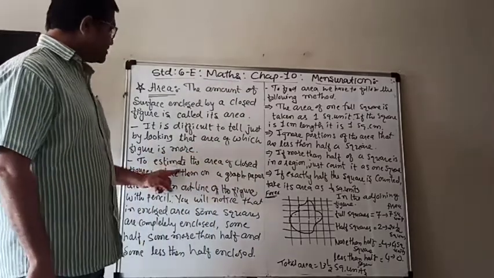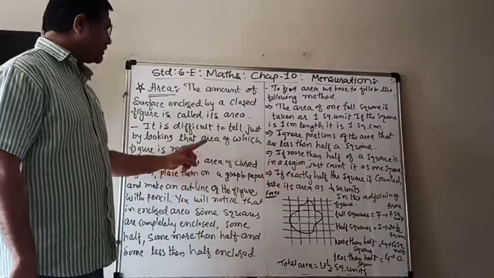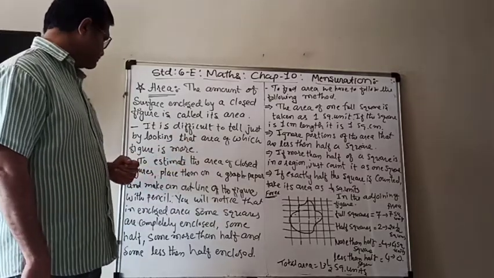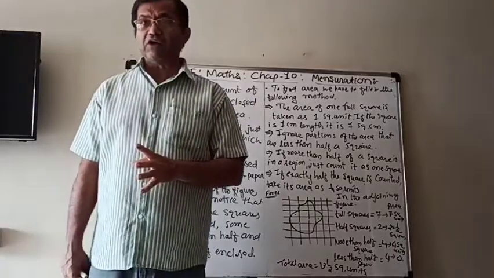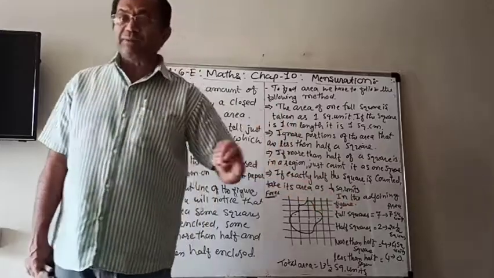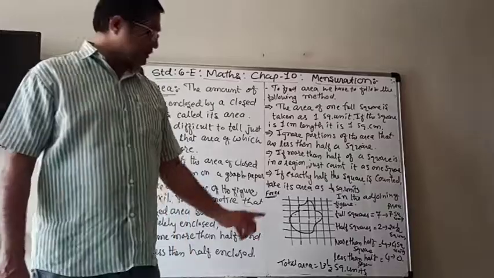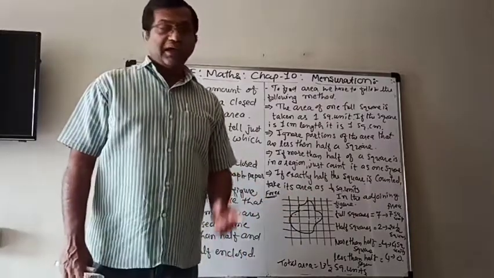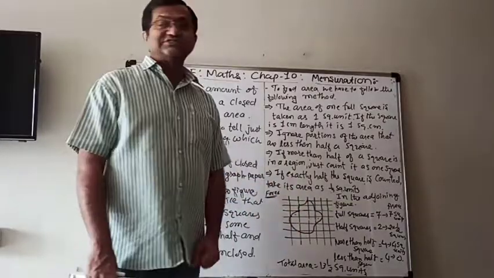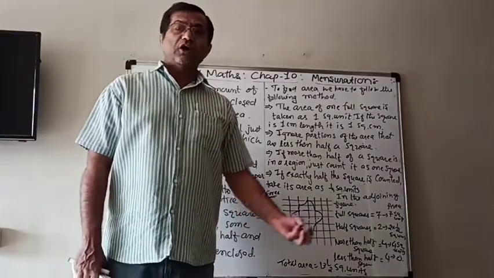So to estimate the area of closed figures, place them on a graph paper and make an outline of the figure with a pencil. So we take a squared paper or graph paper, put that object on it, draw the outline of that object with the pencil, and take the object back.